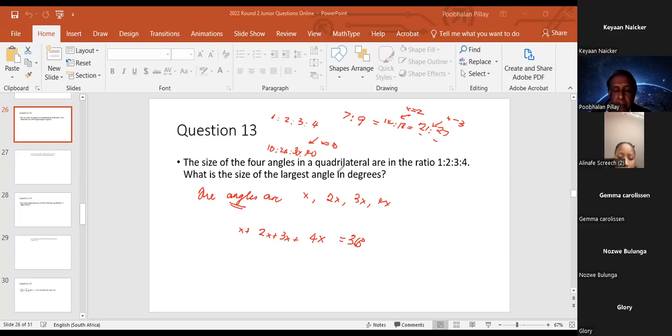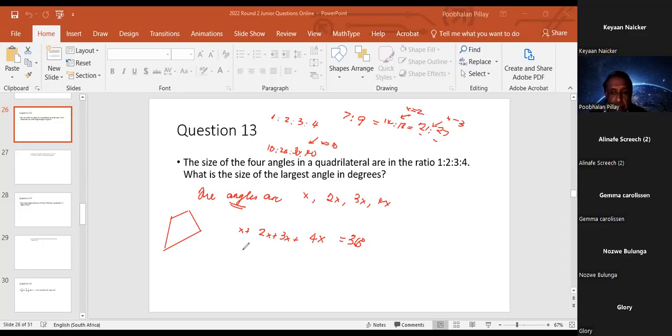Because the angles of a quadrilateral add up to 360 degrees. So you got the 4 angles are x, 2x, 3x, and 4x. And so you got an equation. The moment you got an equation, then you can solve for your unknown. In this case, you got 10x is equal to 360.